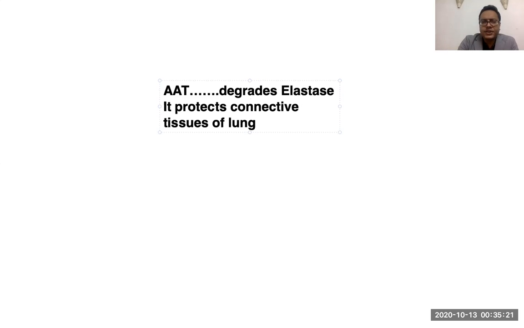What does elastase do? Elastase, as the name ends with 'ase', you understand it's an enzyme, and it degrades elastin.